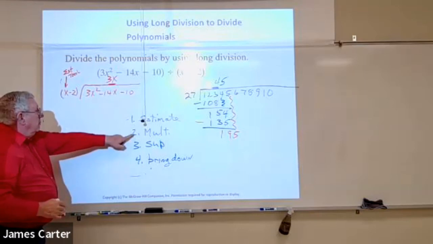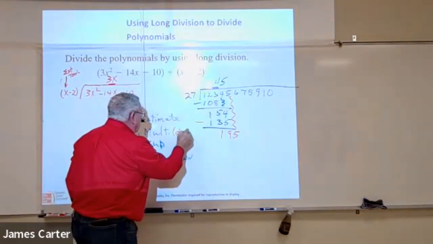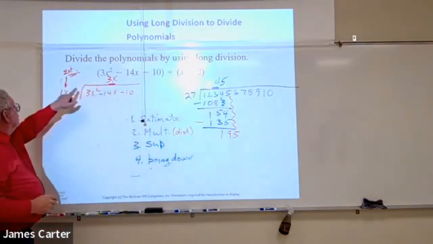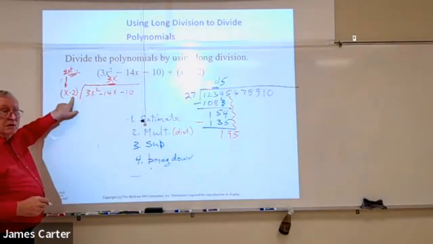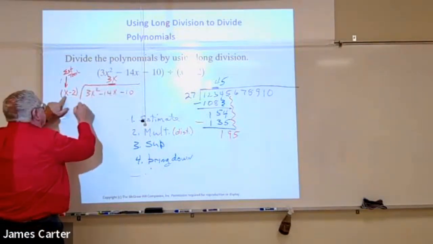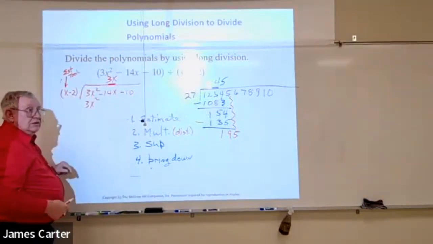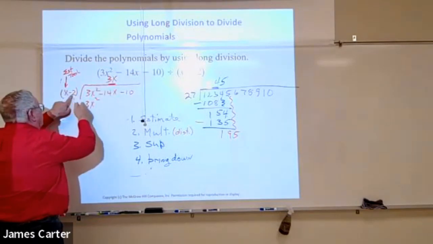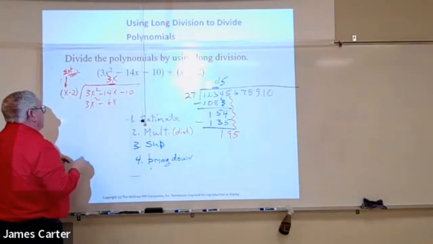Now, multiplication is distribution. We got to take this 3x times the x, and we got to take 3x times the 2. So 3x times x is 3x squared. And these two better match. 3x times negative 2 gives me negative 6x.